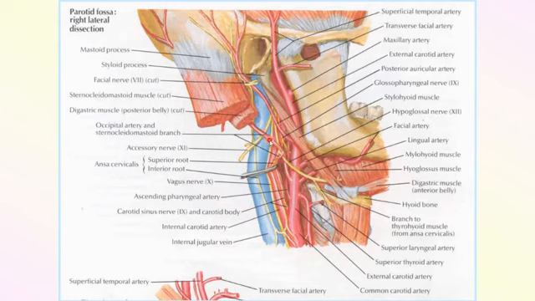So here's the occipital artery, and then here is the posterior auricular artery. So it's almost parallel with the occipital artery.